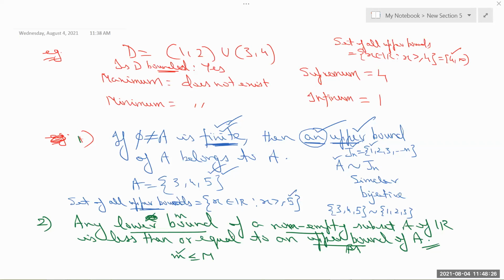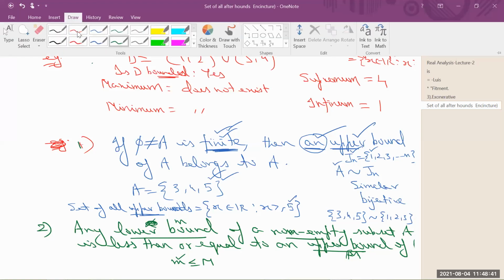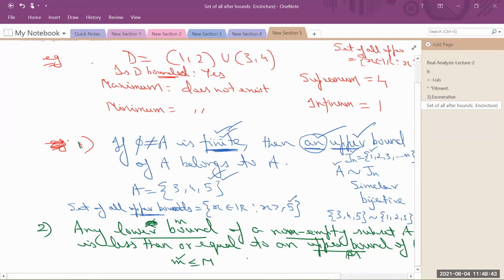कोई बताएगा कैसे शो करेंगे इसको? Sir, we know small m is the lower bound. So for all x belongs to A, m is less than equal to x, and for all x belongs to A, capital M. Okay, fix any x.